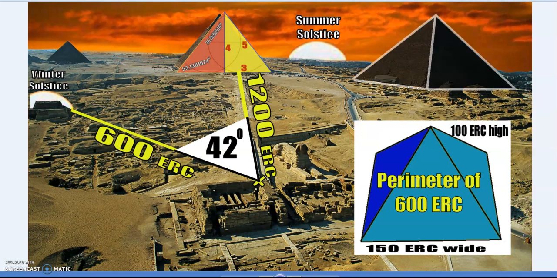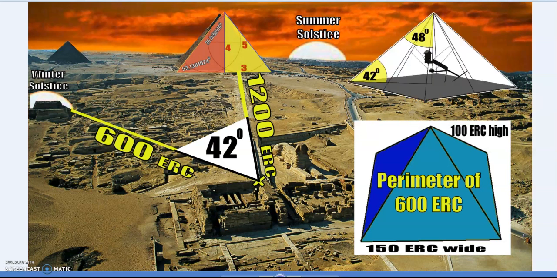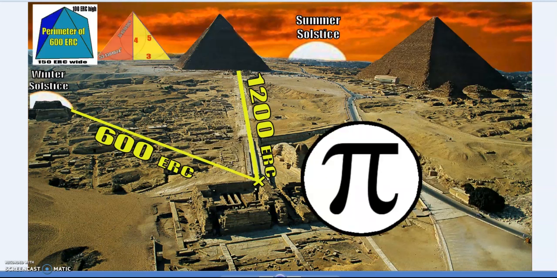Mentioned those previously. Okay, so from the 0 point you see the Khafre pyramid in profile, but we see the Great Pyramid from the corner. There we have the 42-degree angle once more. Now let's consider pi, a very contentious subject, well, so much to be said.